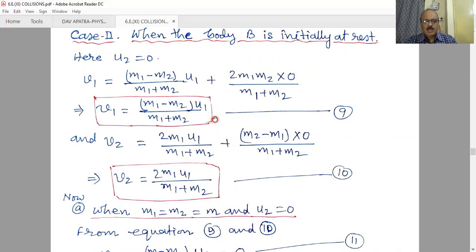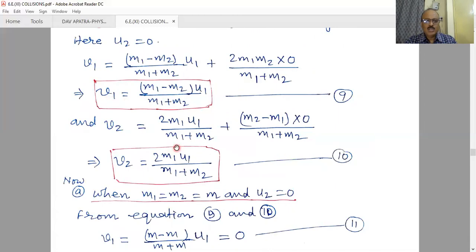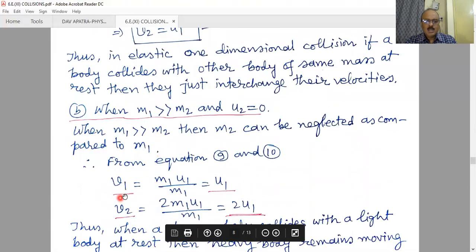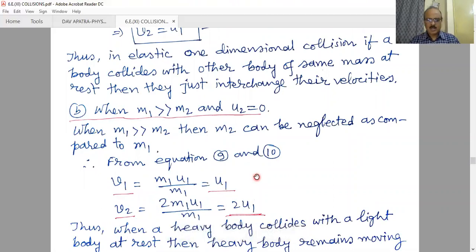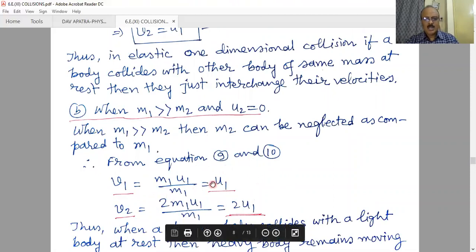That means if the projectile object is very massive, there will be no change in its velocity. The velocity of the projectile object striking the object at rest remains the same, since that object's mass is very small compared to the projectile, and it moves along the same direction with the same velocity.